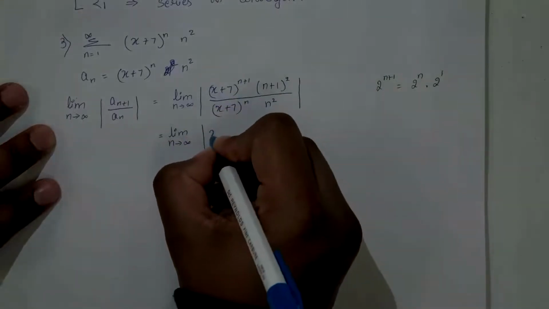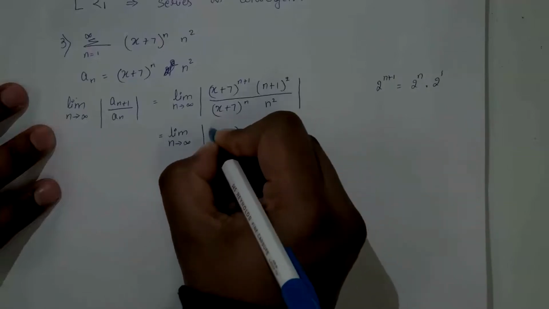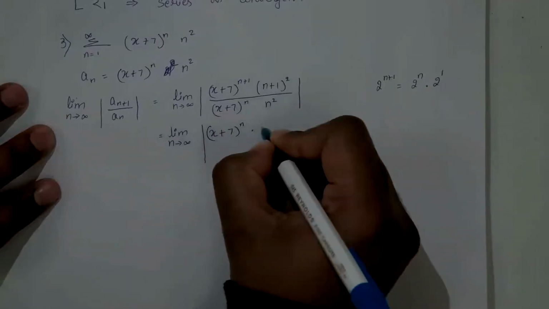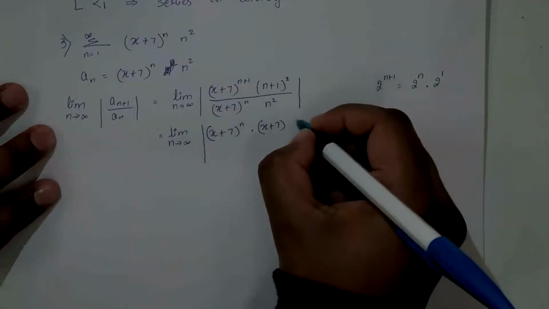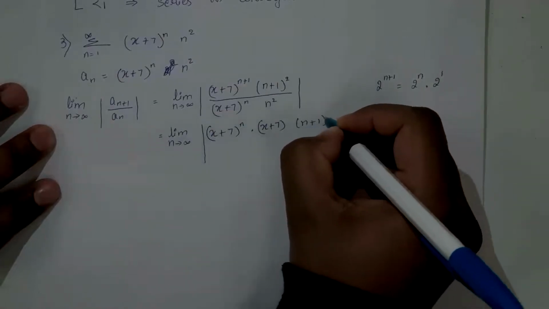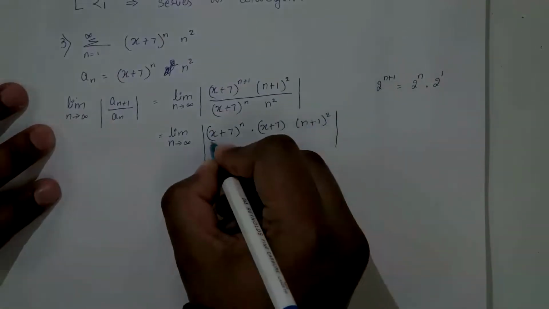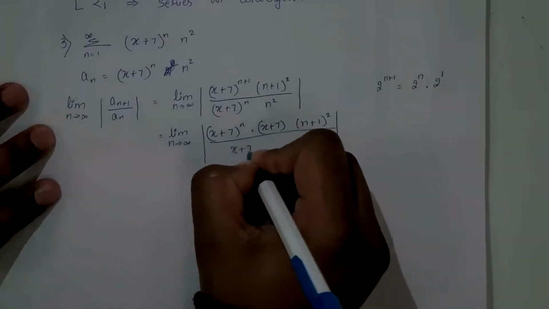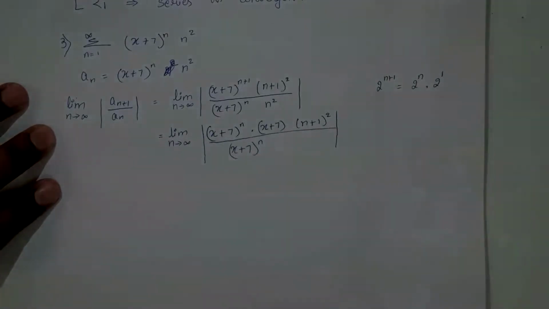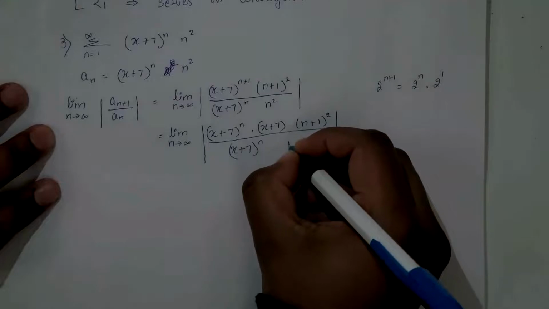So we will use the same formula here: x plus 7 to the power of n multiplied with the same base. So here we get n plus 1 the whole square divided by x plus 7 to the power of n, into n square.